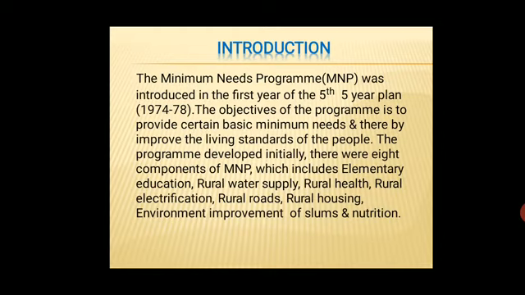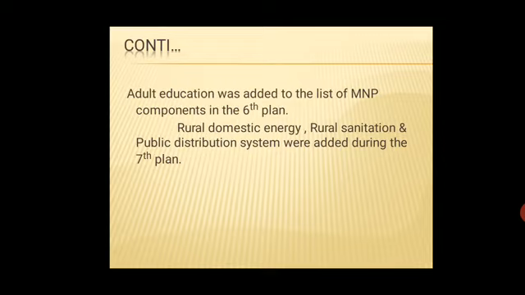From these components, we can see that the program is focused on rural areas. That means providing rural water supply, rural health, rural electrification, and mainly giving care to rural areas as well as the slums. It also gives importance to education, electrification, and nutrition.